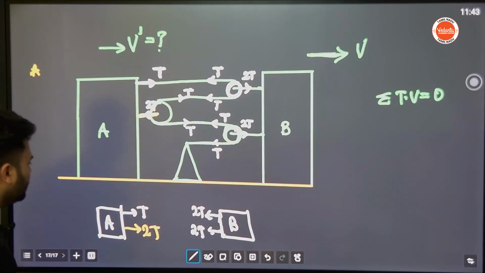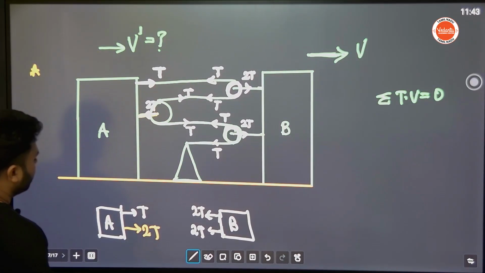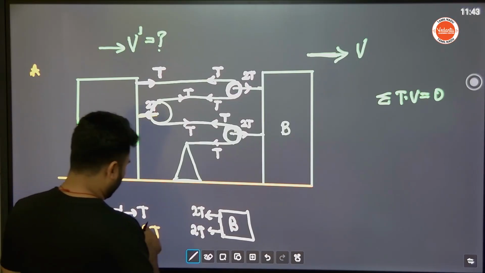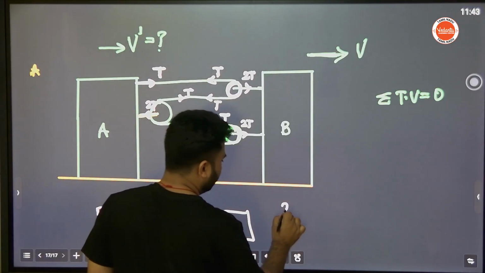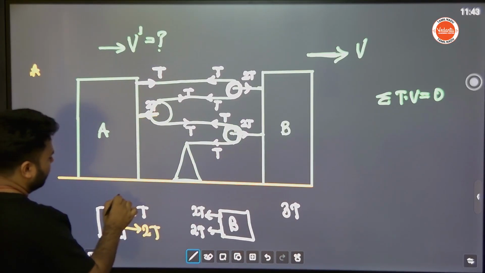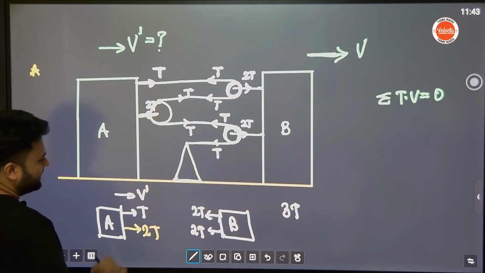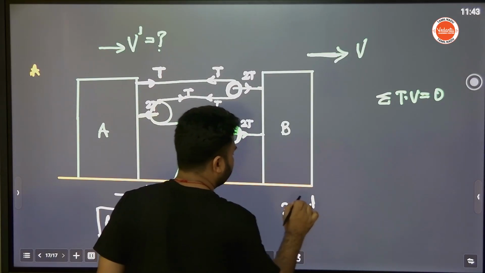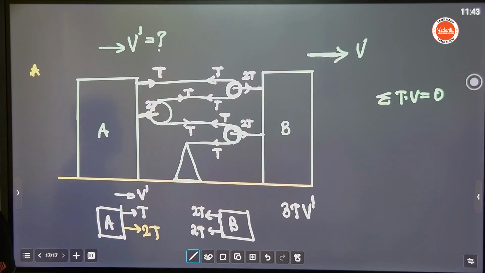Correct. So what I can write, net tension in block A, 2T plus T, 3T, and velocity in the same direction. Tension and velocity V dash are in the same direction, so theta is 0.